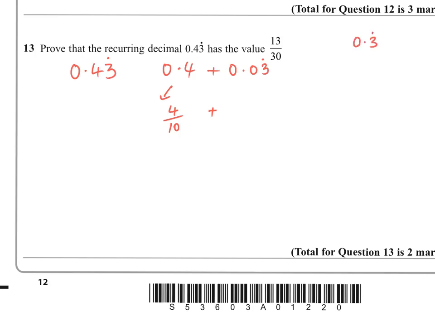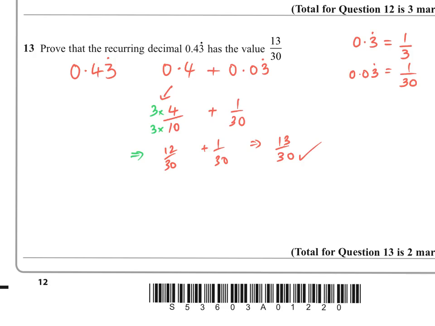Well, 0.3 recurring is 1/3 or 3/9, and so 0.03 recurring is going to be 1/30. So we could add those two together. We could multiply this one top and bottom by 3 to get the denominators the same, and that would leave us with 12/30 plus one more, which would be 13/30 as required.